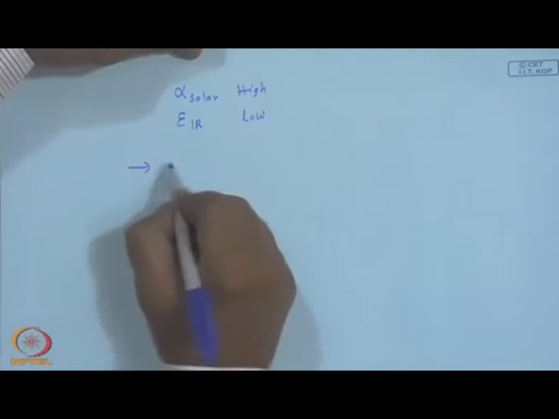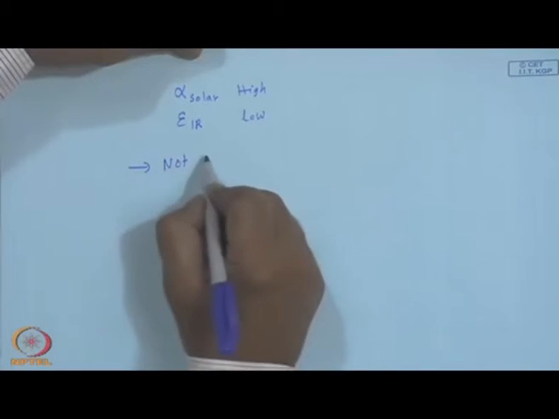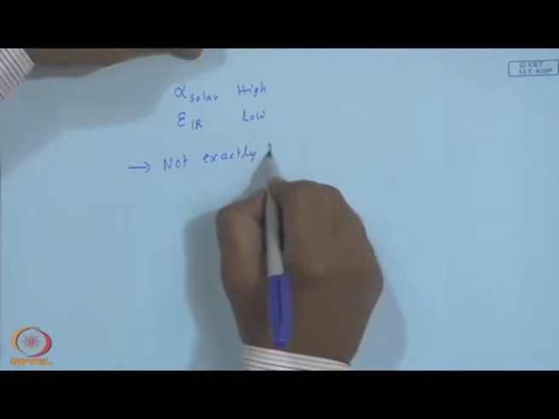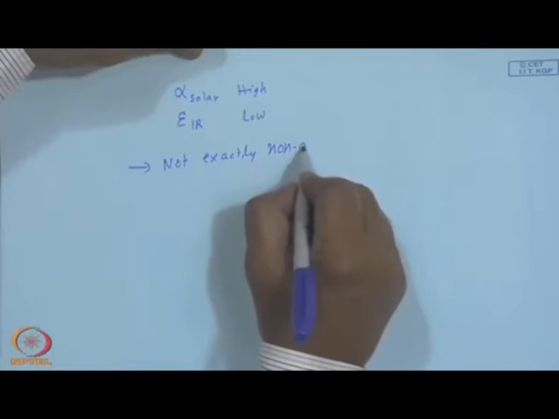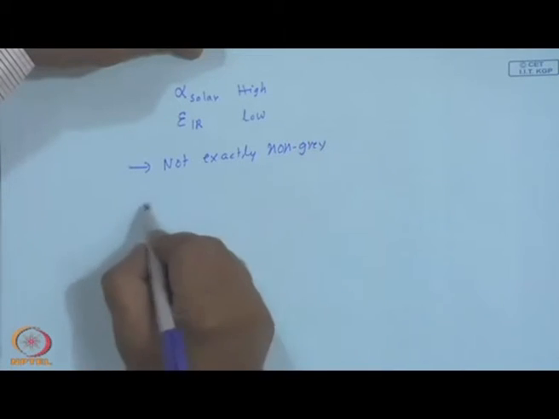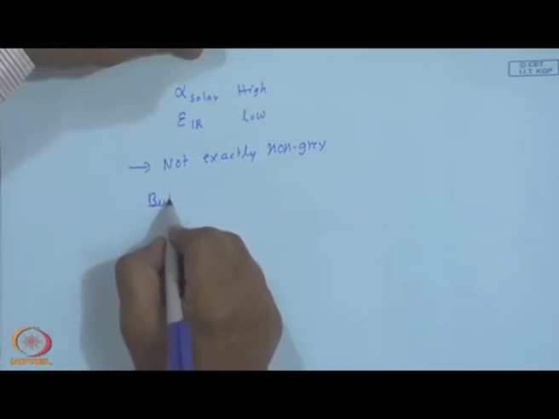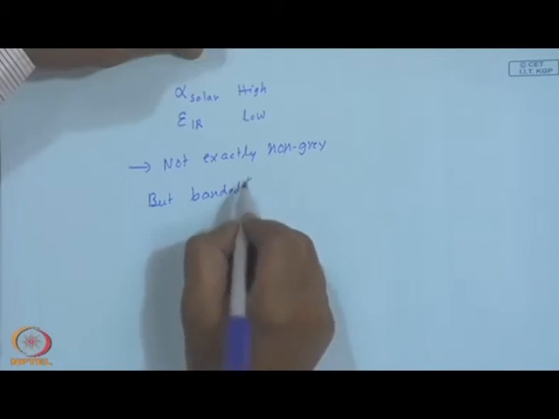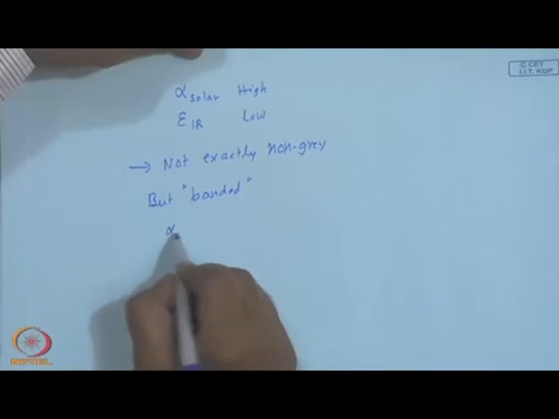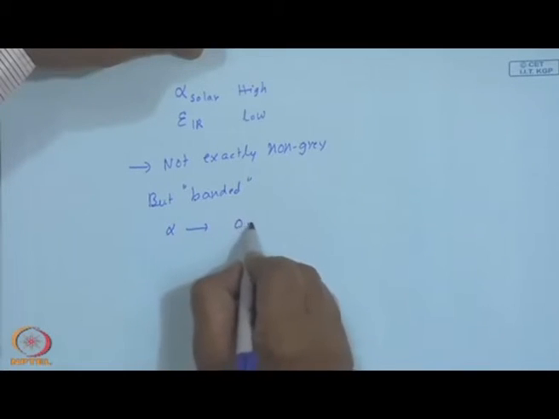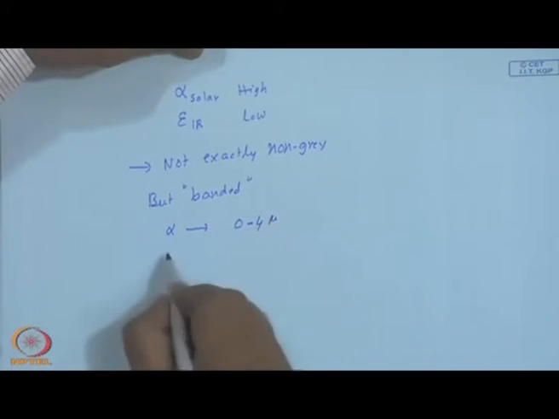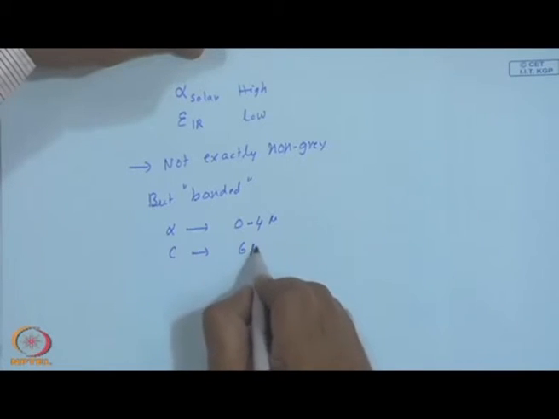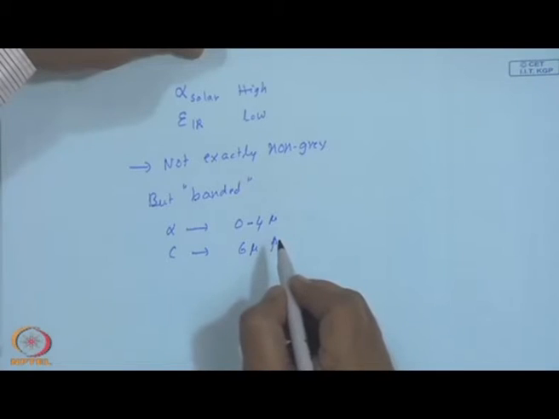This is not exactly non-gray, but banded. Alpha in say 0 to 4 microns and epsilon say 6 microns and above.